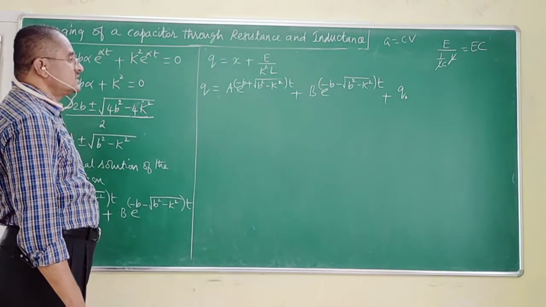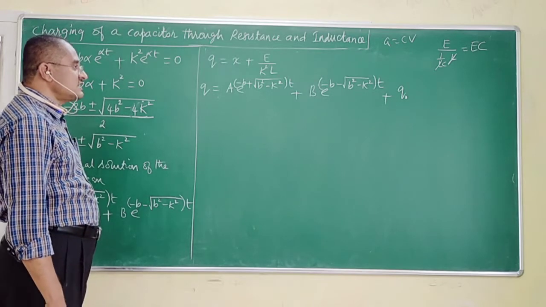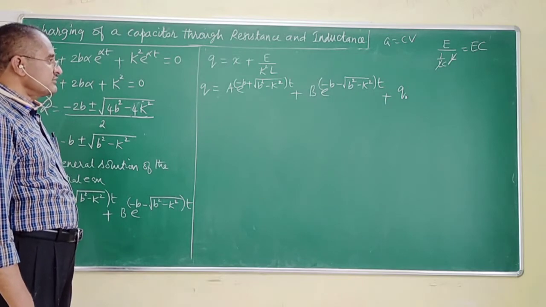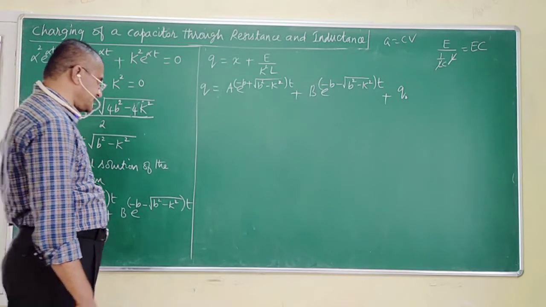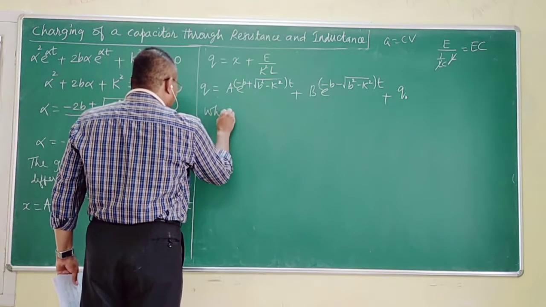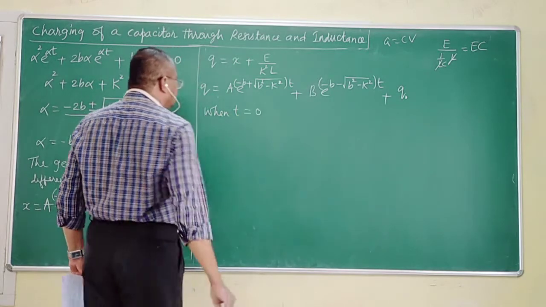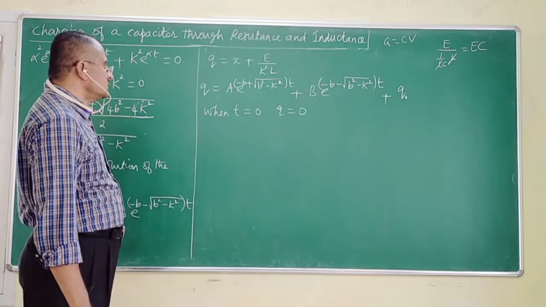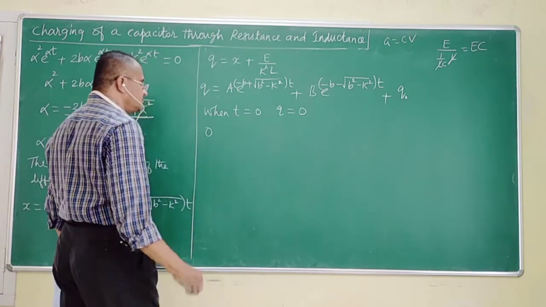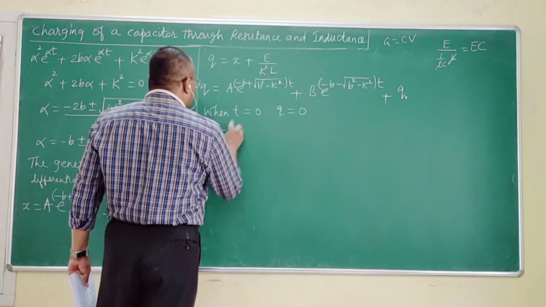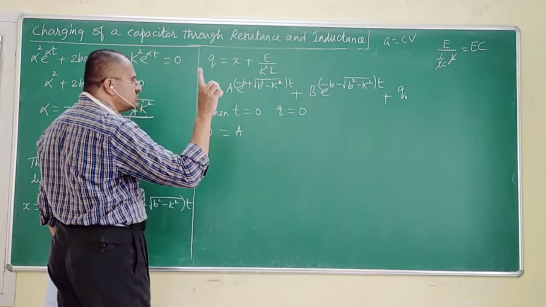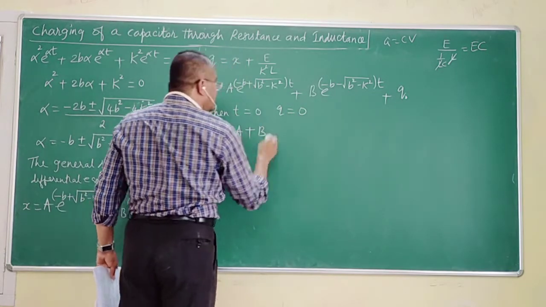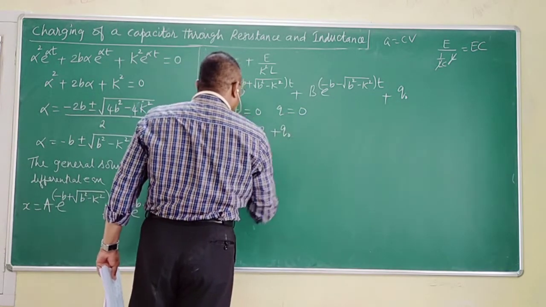I did tell you that A and B are two arbitrary constants to be determined using suitable conditions. The first boundary condition I would like to apply is when t is 0, q is also 0. Therefore, this expression becomes 0 is equal to A, if t is 0, anything to the power 0 is 1, plus anything to the power 0 is 1, B, plus q naught.